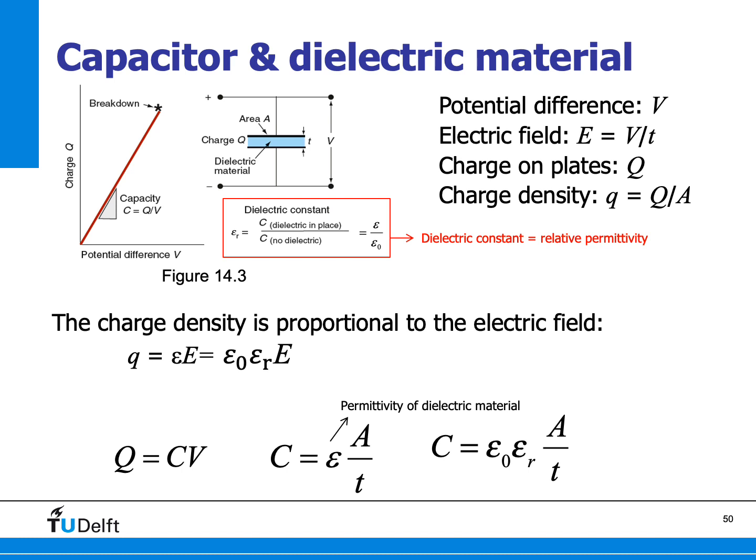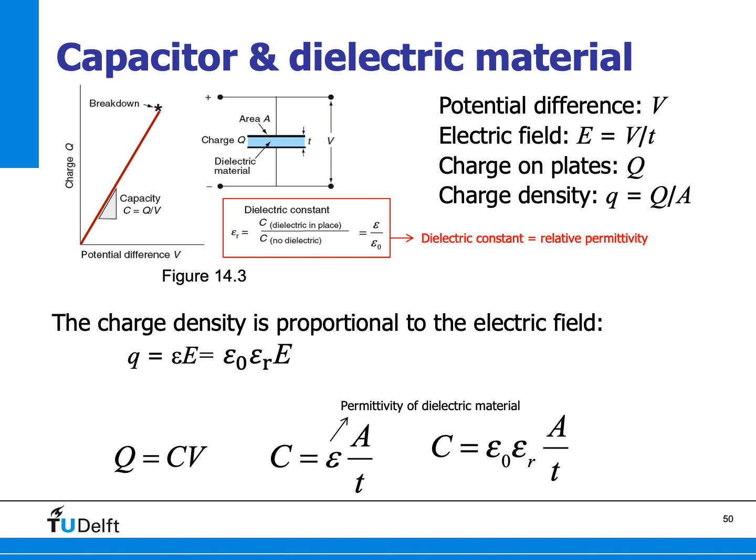We have a curve like this where the slope is the capacity C equals Q divided by the voltage difference. So the charge density is again proportional to the electric field, but the proportionality factor now is epsilon instead of epsilon 0, and epsilon in this case is the permittivity of the dielectric material instead of the vacuum.